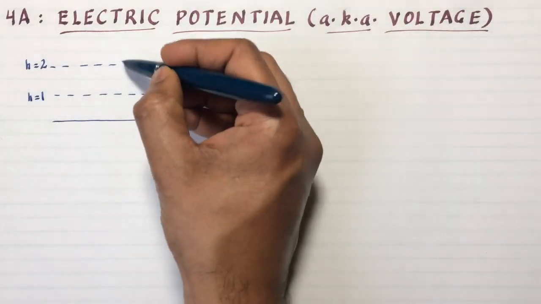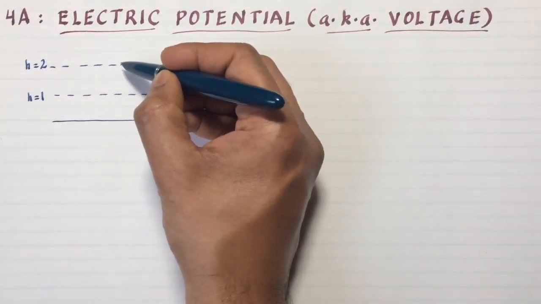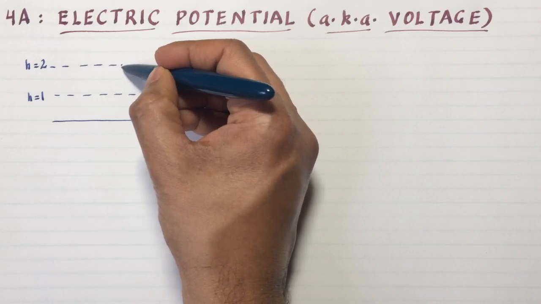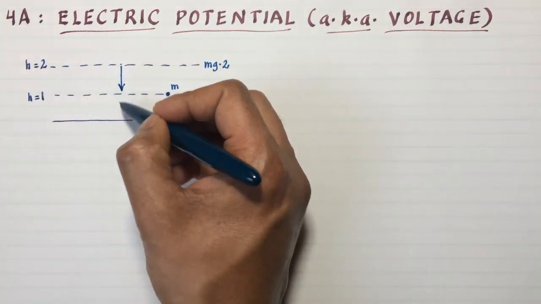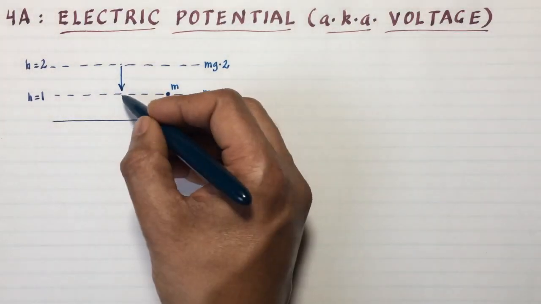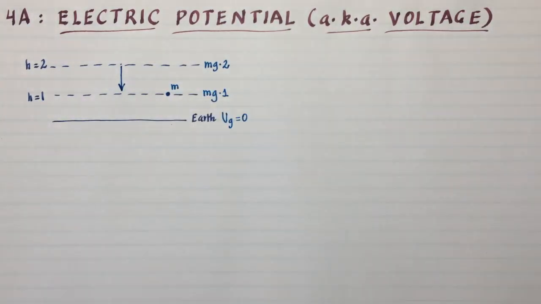You also know that if you keep an object at this point and let it go, its natural tendency will be to fall down, because nature always tries to reduce the potential energy and convert it to some other form of energy, in this case kinetic energy, because this mass will be moving pretty fast. And if it comes down even more, it moves down even faster.